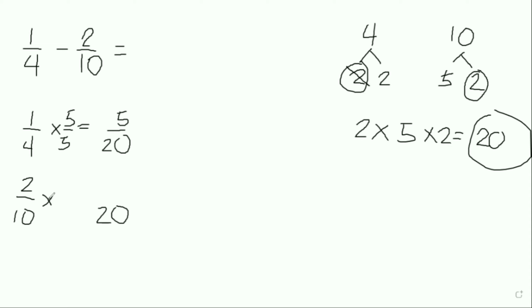And then, anong multiplier natin sa 10 at ang magiging sagot ay 20? So, 2. 2 times 2 equals 4. So, meron na tayong similar fractions, 5/20ths and 4/20ths.